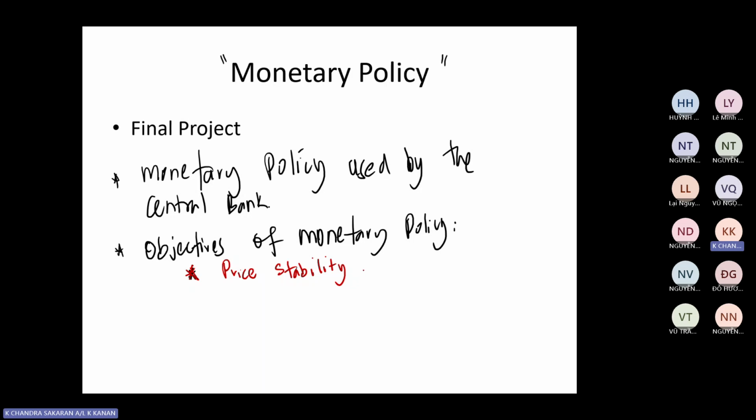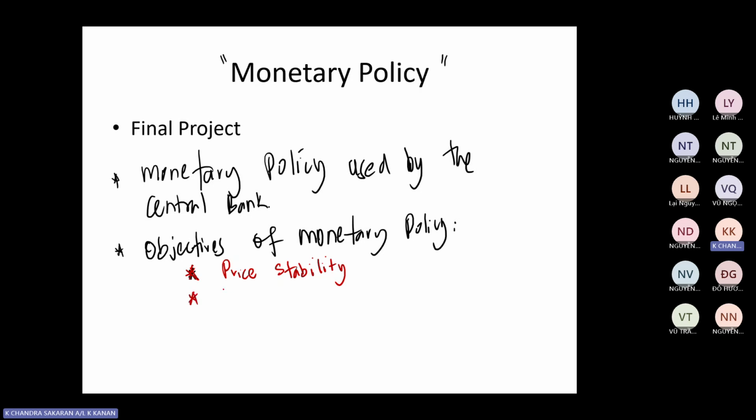Very important. When there is certainty, it is easy to do business, and the economy will function very smoothly. Cost of living will be maintained at a certain level, so people will be able to live without much problem. That is why price stability is important.